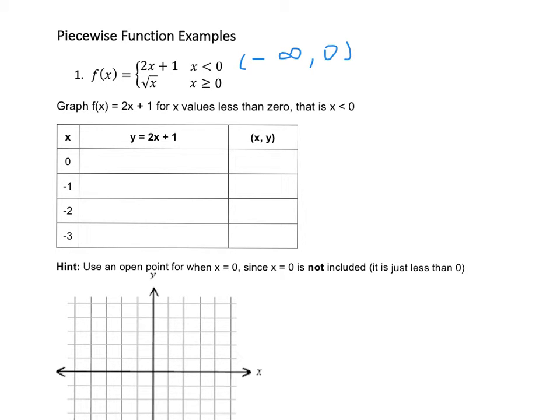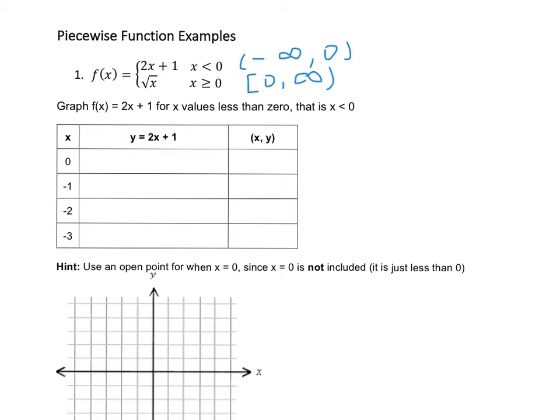And then it's equal to square root of x for x values that are equal to 0 or greater. So in interval notation, we would use bracket, 0, comma, infinity.